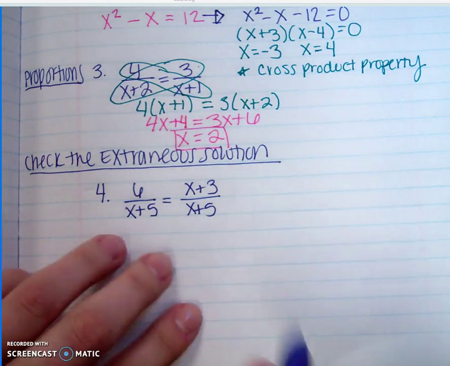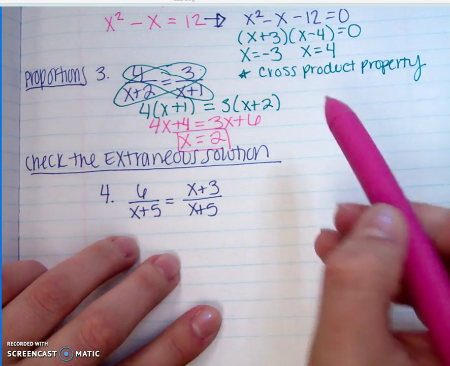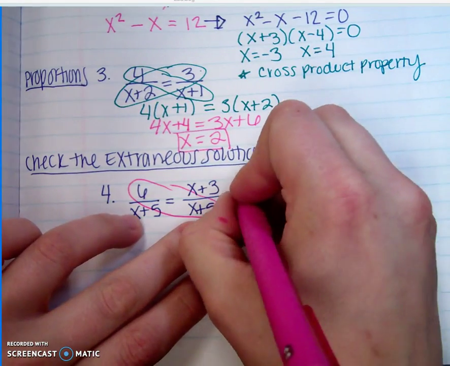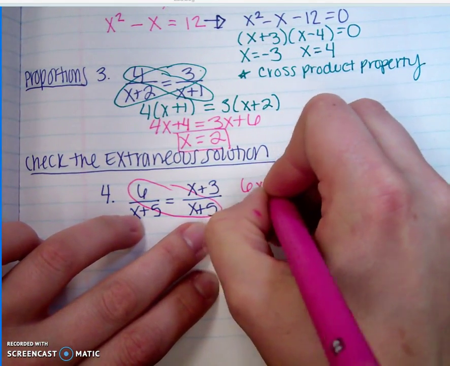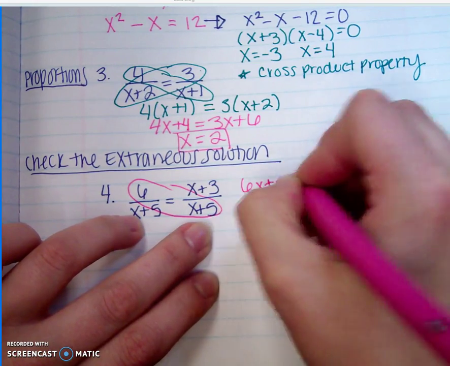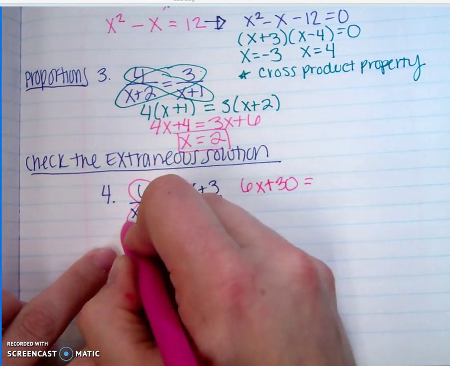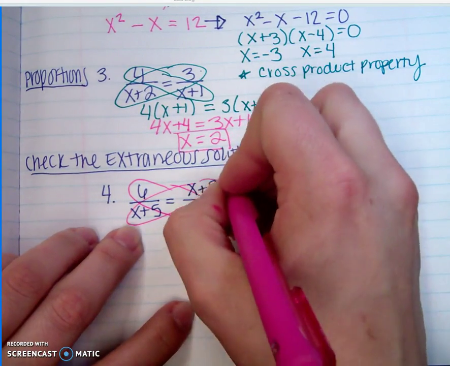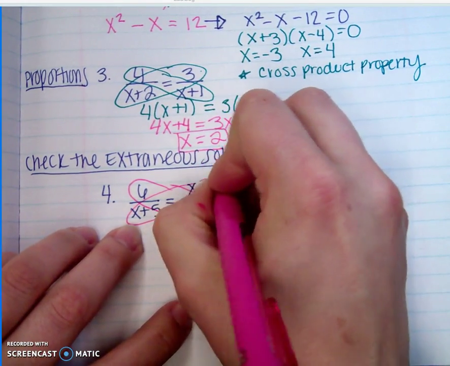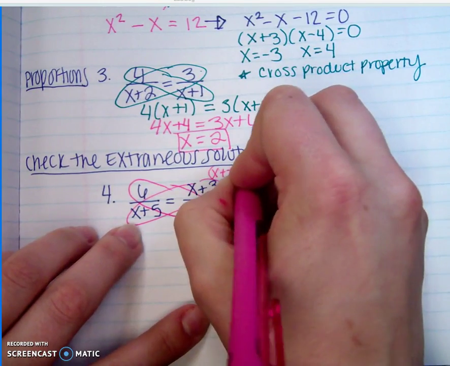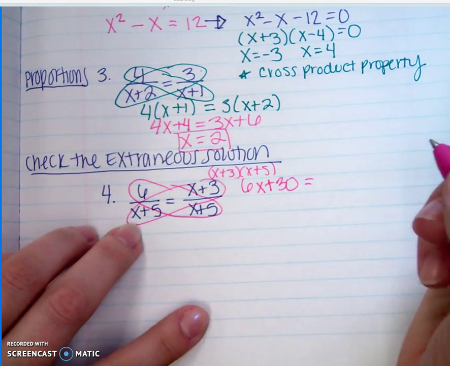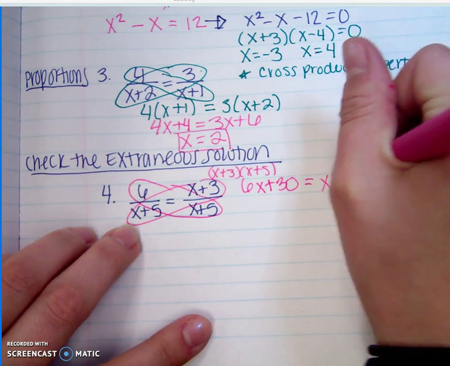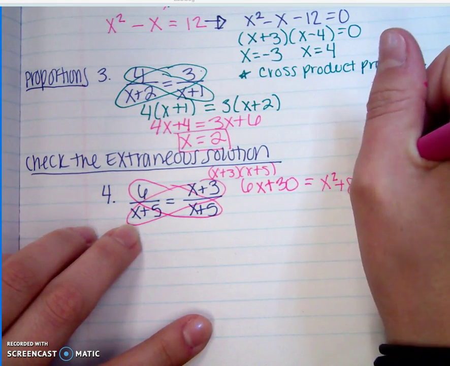So again, I'm going to use that cross product property. 6 times x plus 5 is 6x plus 30. Cross multiply. Now I'm going to have to FOIL this x plus 3 times x plus 5. Once you get that, you have x squared plus 8x plus 15.